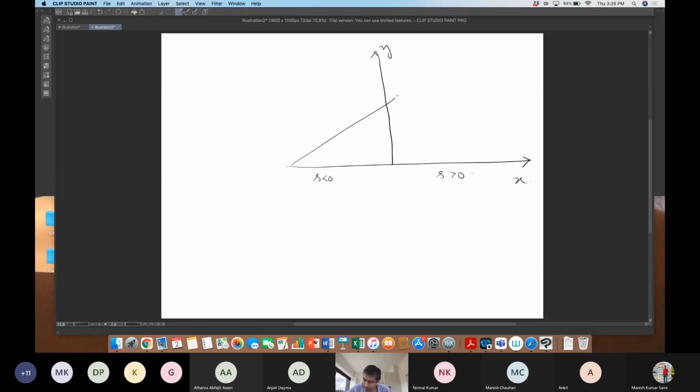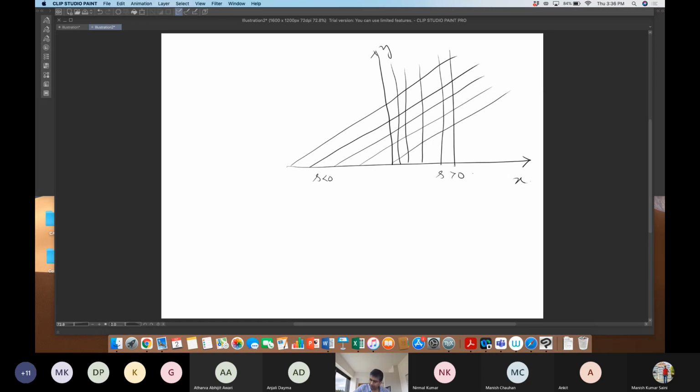And for s positive we have, yes, the characteristic lines intersect for all s positive.